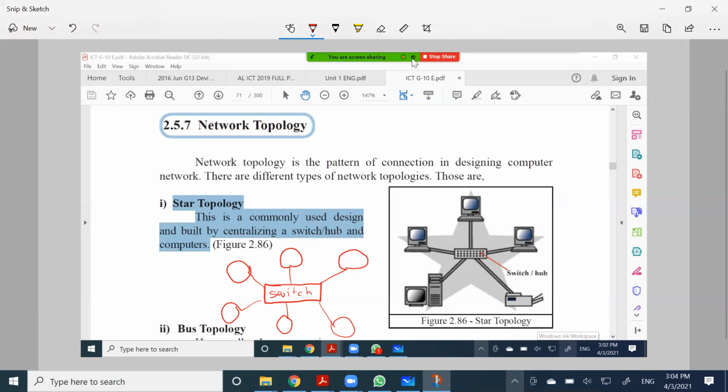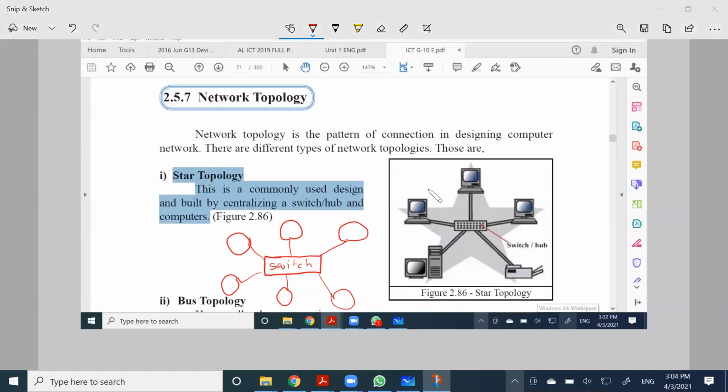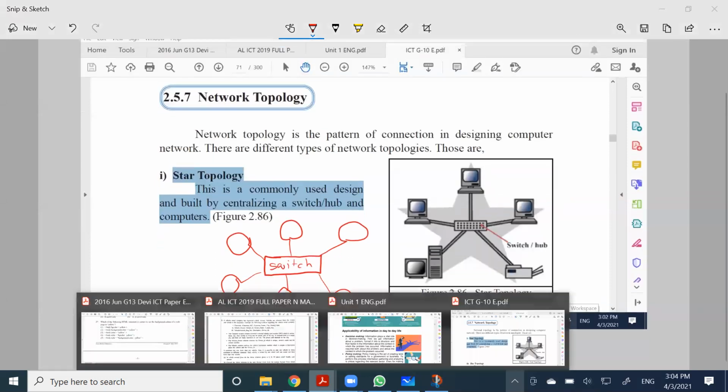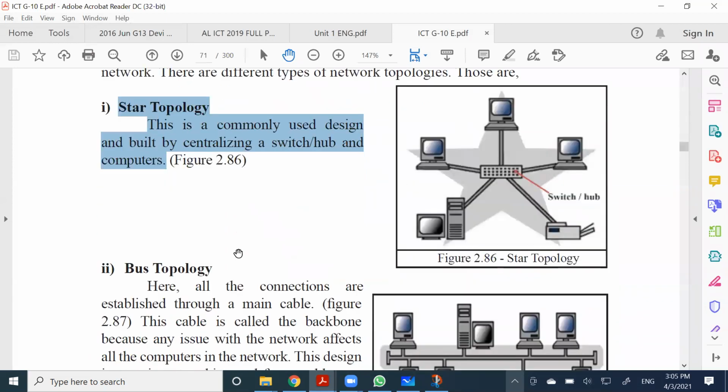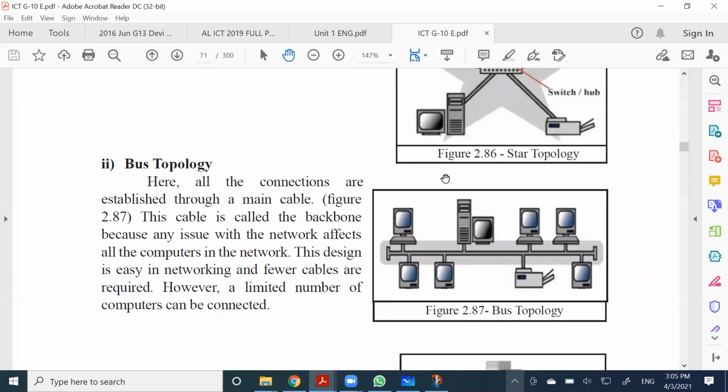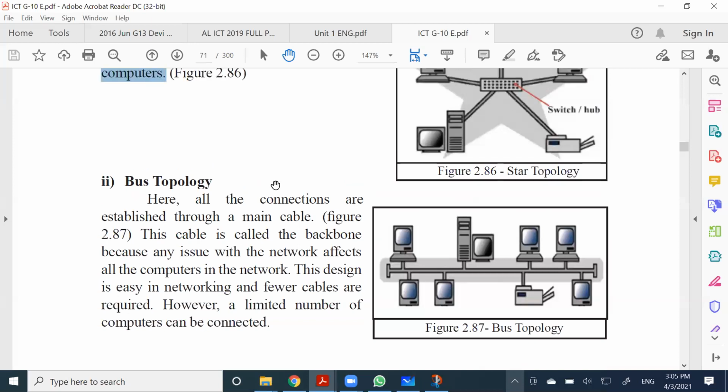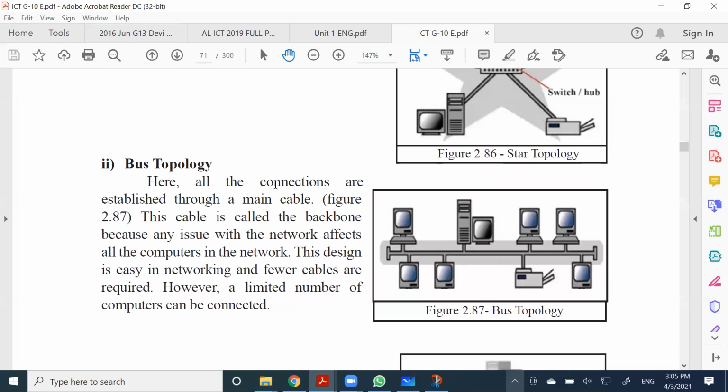Right, okay. One is done. And move to the bus topology. Right, put this heading bus topology.